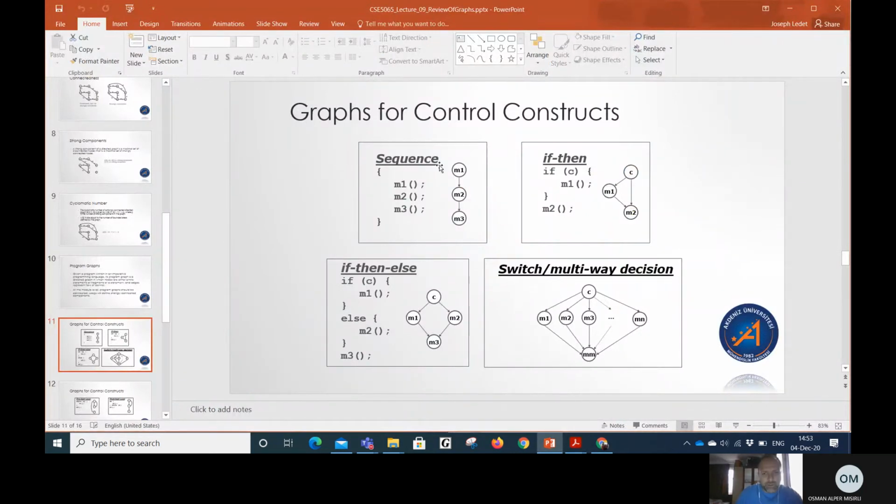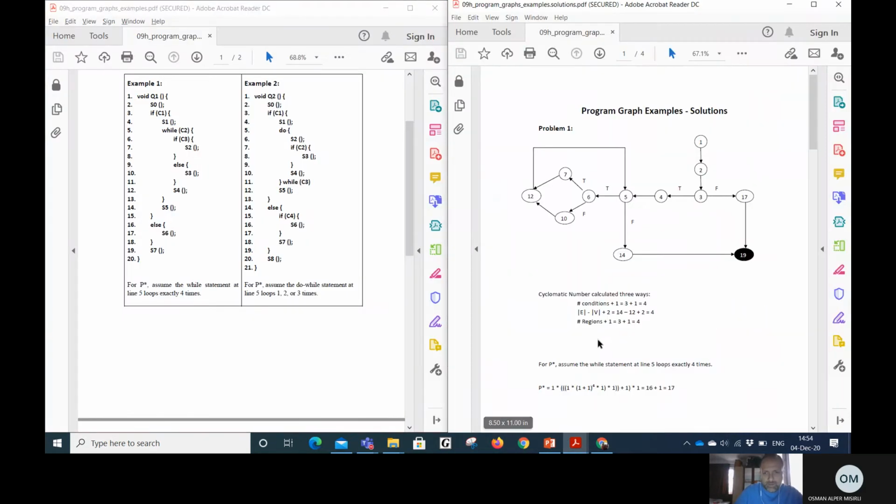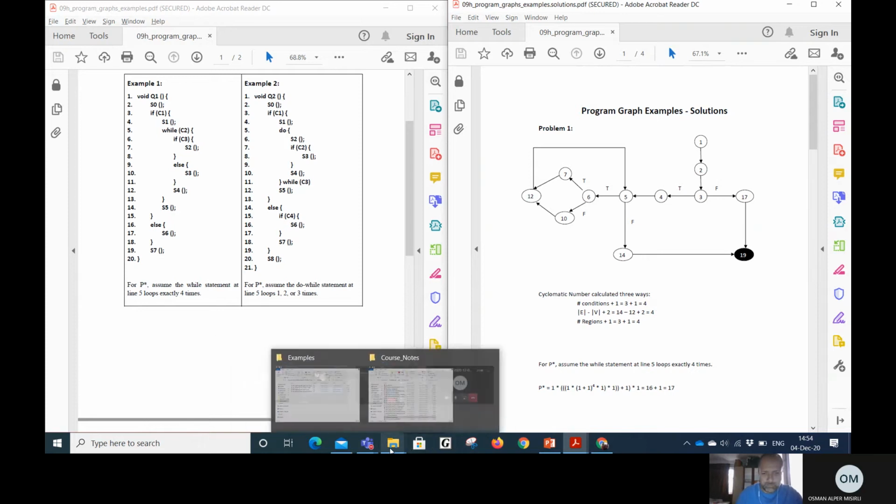So if I just looked at this one example here, the cyclomatic number of this would be, as defined, the number of conditions plus 1.